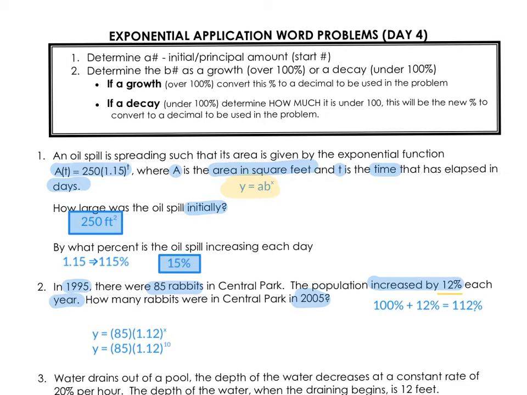Okay, now this is a job for my calculator, so I can go ahead and put in the regular screen because I don't have any variables or anything, so I don't have to go to y equals. I can just put in the 85, and then you could have parentheses around the 85 if you want to. You don't have to, but you need, and then you would sub in to show the multiplication. So parentheses 1 and 1200ths raised to the 10th power.